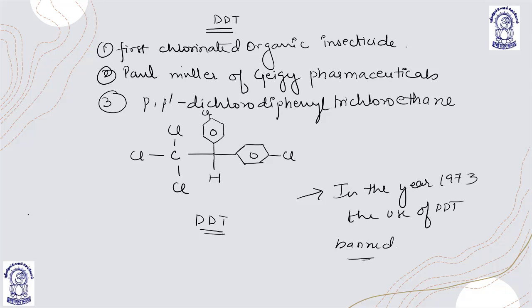It causes biomagnification, as the amount of DDT goes on increasing in the food chain because it is more soluble in fatty tissues. So my dear students, this was the economic importance of all these polyhalogen compounds.